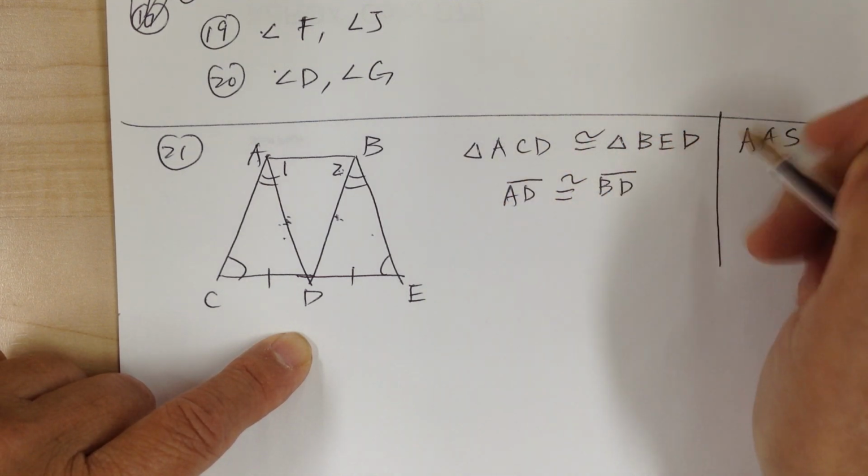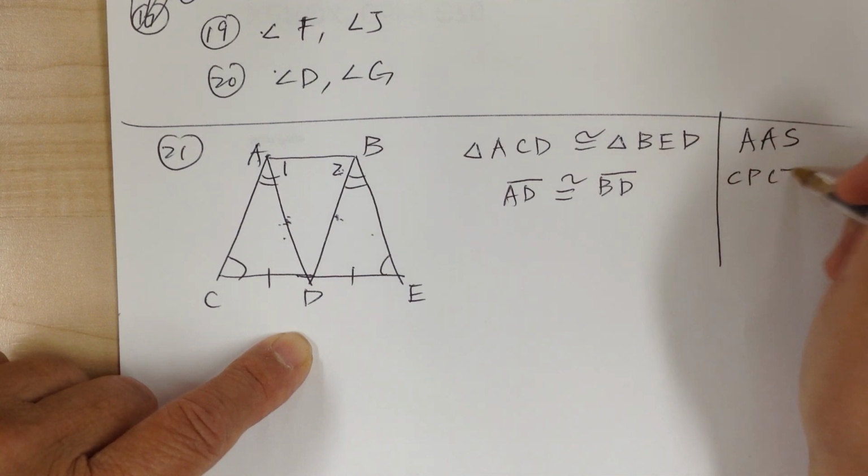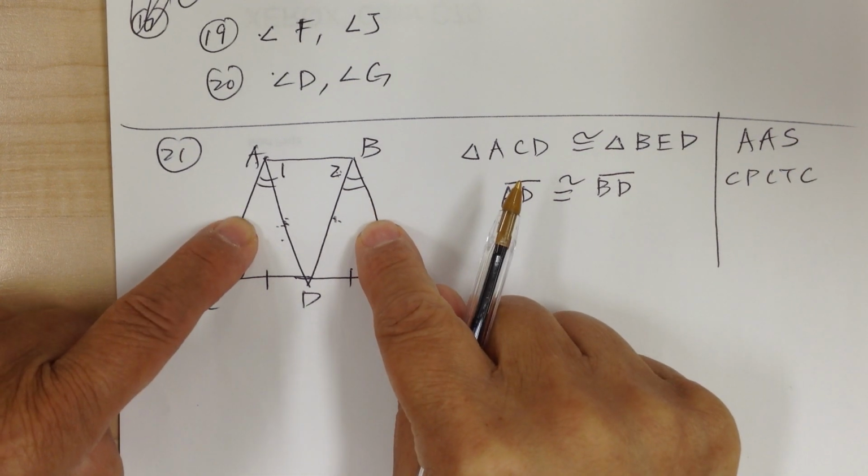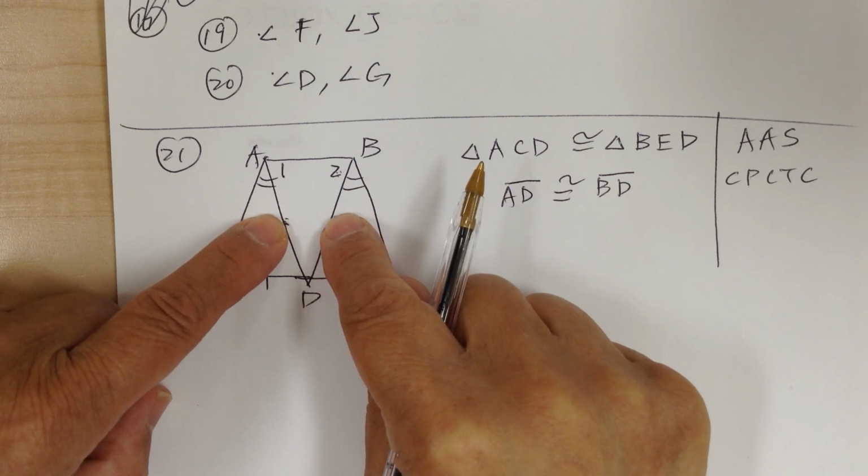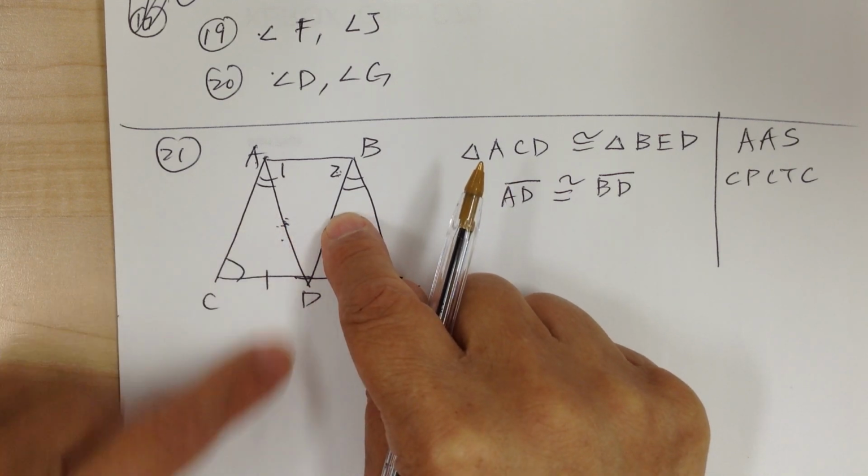Now, once the two triangles are congruent, then you can say that AD is congruent to BD, and this would be CPCTC, because corresponding parts of congruent triangles are congruent.